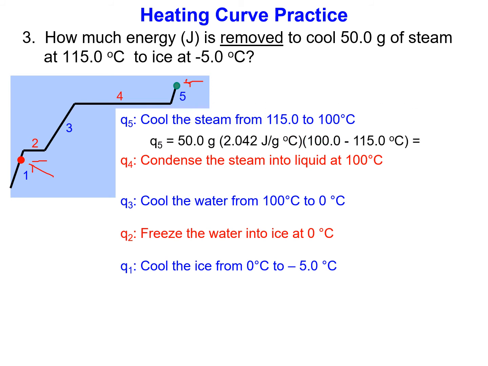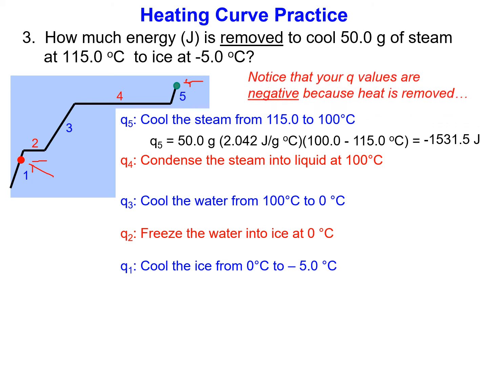So plugging in those particular values, notice you have your delta T. Your 100 is your final temperature minus your initial temperature. Notice how that makes that negative because you're releasing heat.